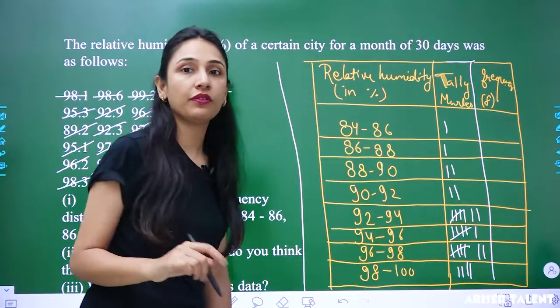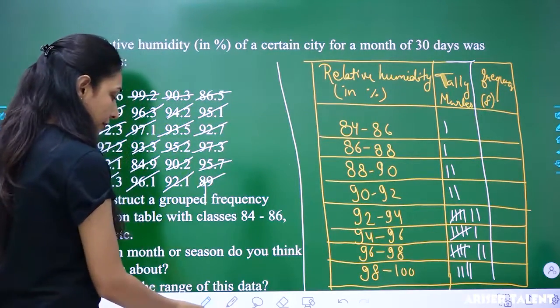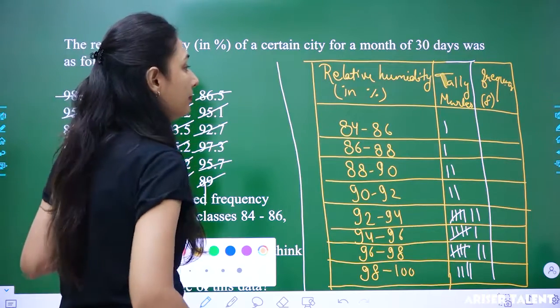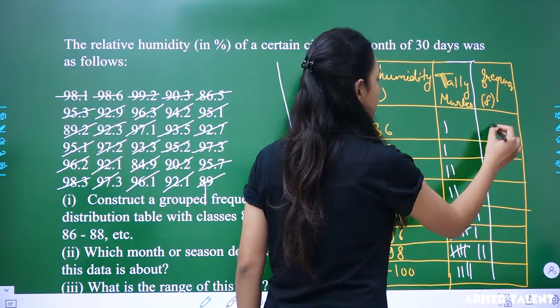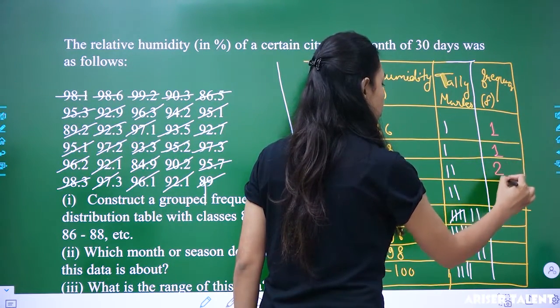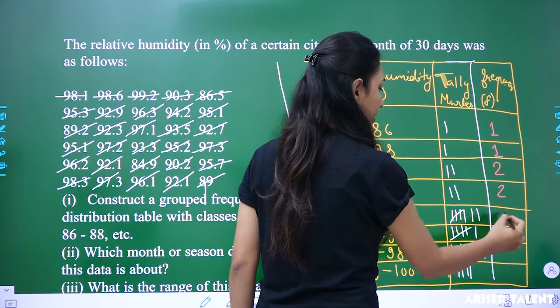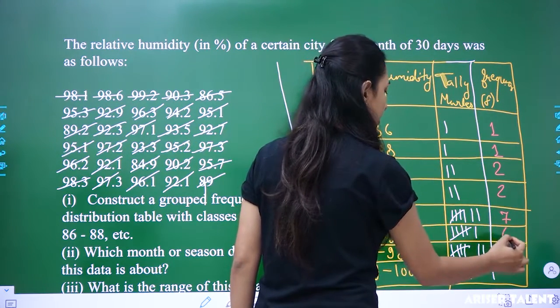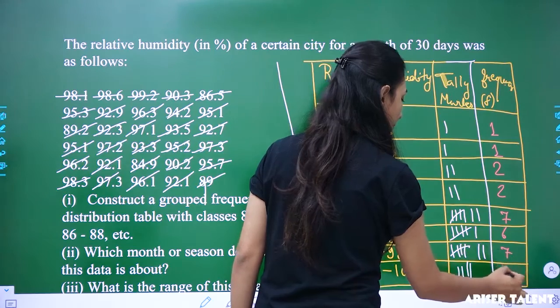You can denote the frequency by small f. Now, if you are counting them, first write 1, 1, 2, 2, 5, 6, 7, 5 and 6, 5, 6, 7 and 4.